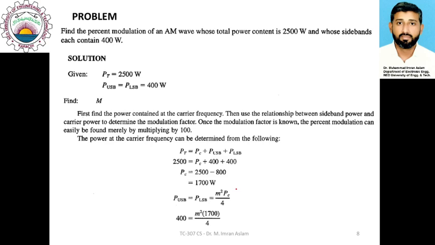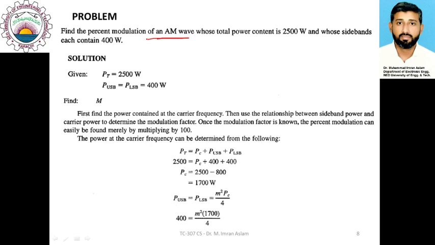Let us take another problem. Actually, this is the reverse of the previous problem, and we want to find the percent modulation of an AM wave whose total power is 2500 watt and whose sideband power is 400 watt each. So we are given sideband powers and we want to find the modulation index.